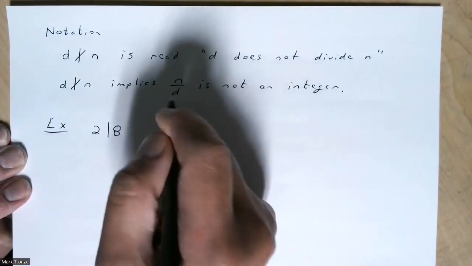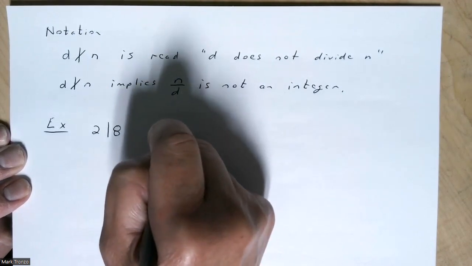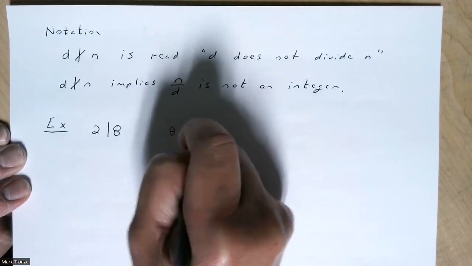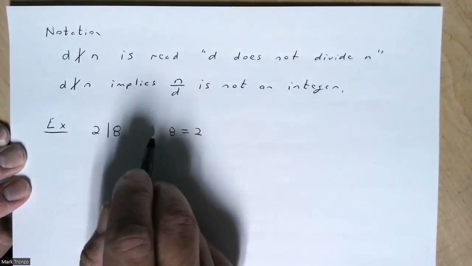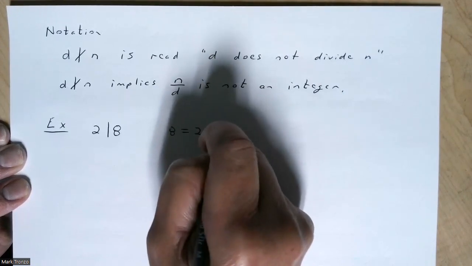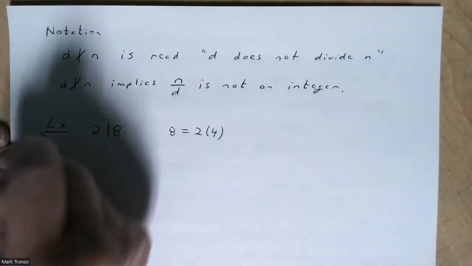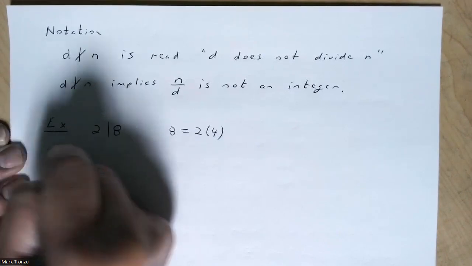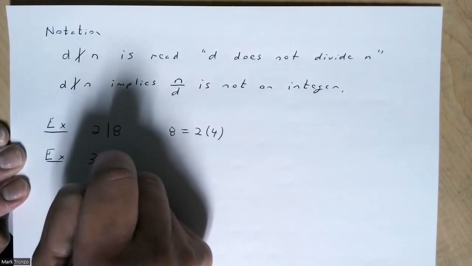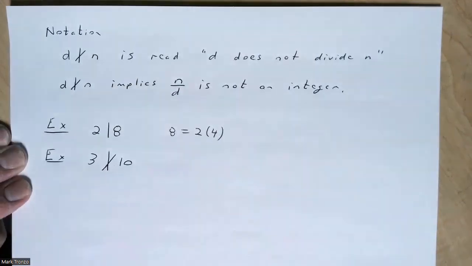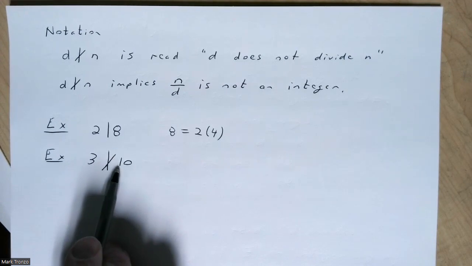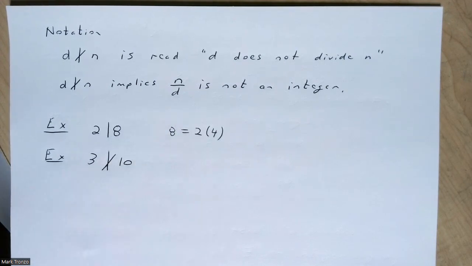Or because this implies that 8 is equal to 2 times some K, which of course in this case is 4. Or another case here, you can say 3 does not divide 10. It's not a factor of 10. You can't write 10 as 3 times something.